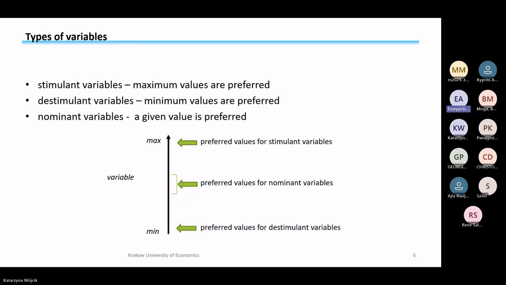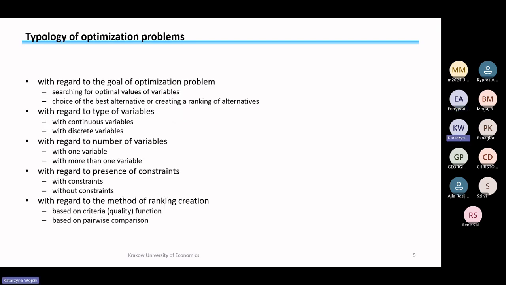Excuse me, could you please give us an example about the discrete variables? Yes, I can give you an example. Continuous, okay, discrete, let's say they are in opposite to continuous.